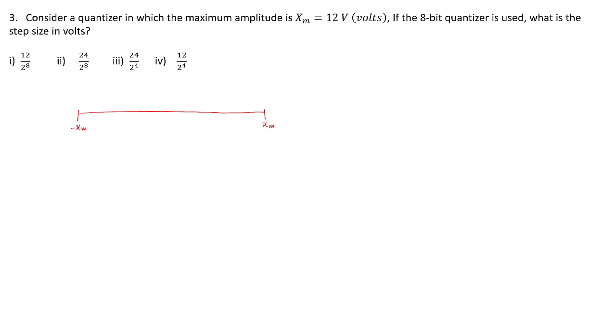That is the goal. However, if your input signal amplitude goes beyond xm on either the positive or negative side, then the quantizer will clip it to xm only. So the quantizer cannot quantize efficiently when the input signal goes beyond its maximum amplitude limit.